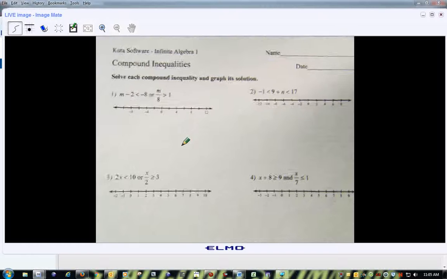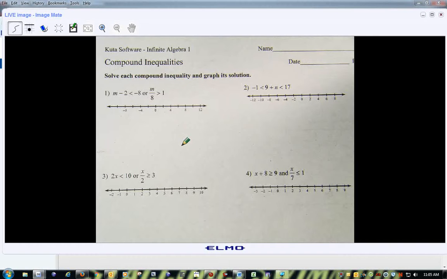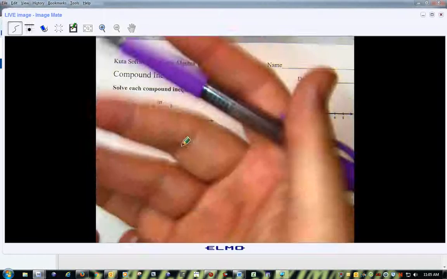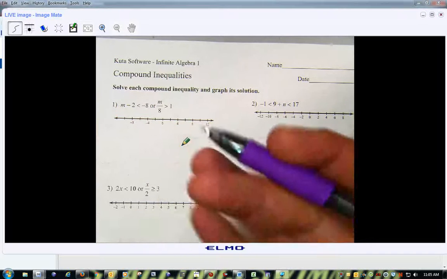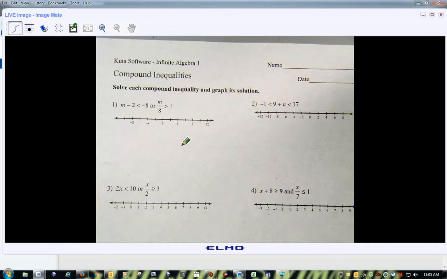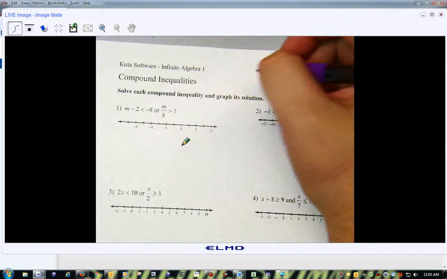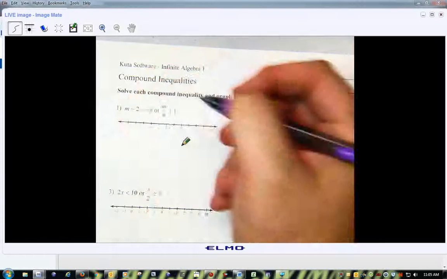Now, these are what we call compound inequalities. And for the sake of what we're going to do with this and with what we do with absolute values, we want to think of them as, like for number 1 here, you see how it has the word or?